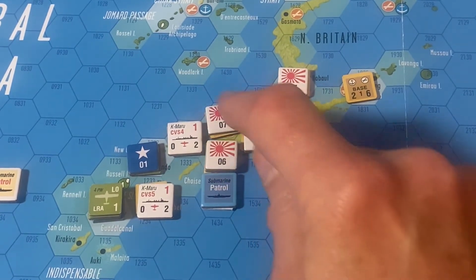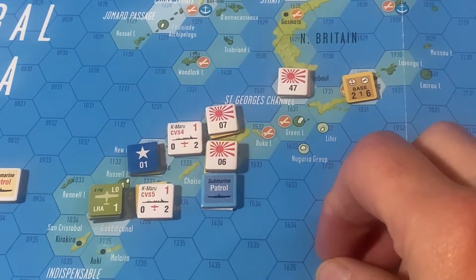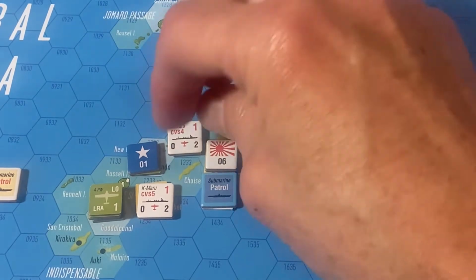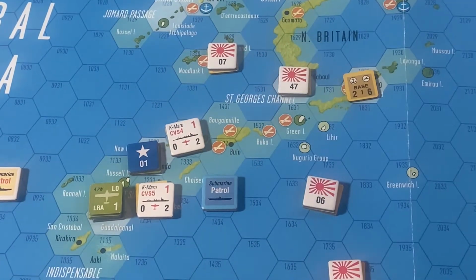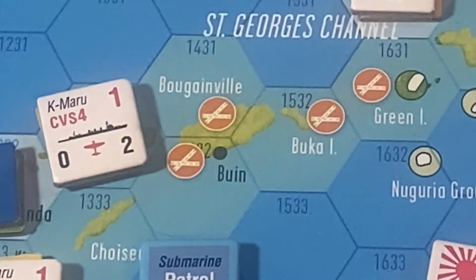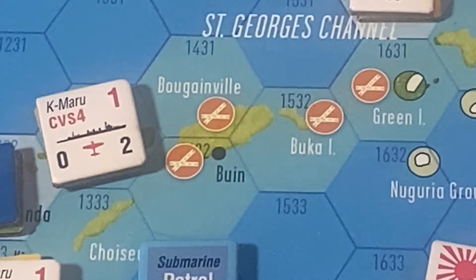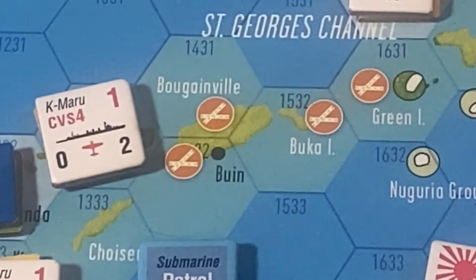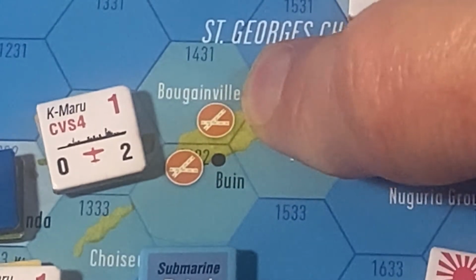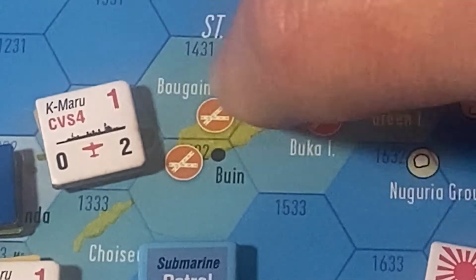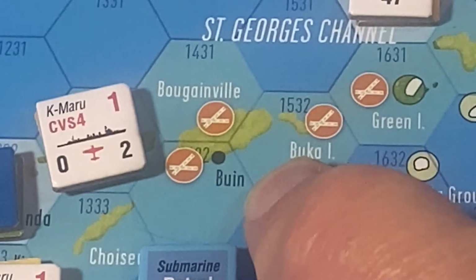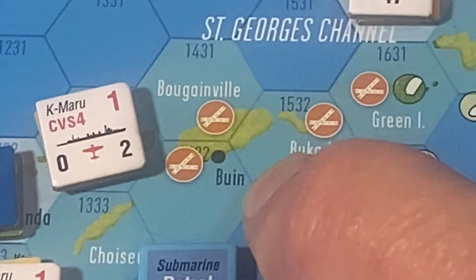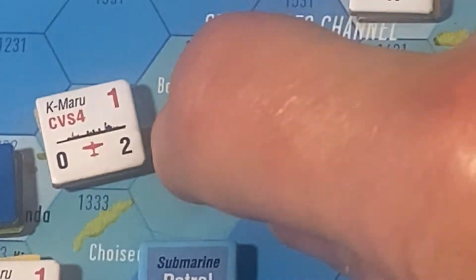The other one is going to be here, and I just want to show you a close-up of Bougainville Island. There's actually, I would say, 3 parts to it. There's the actual base hex here, and then Boone is here. That has a base hex, actually the OSB markers on there.